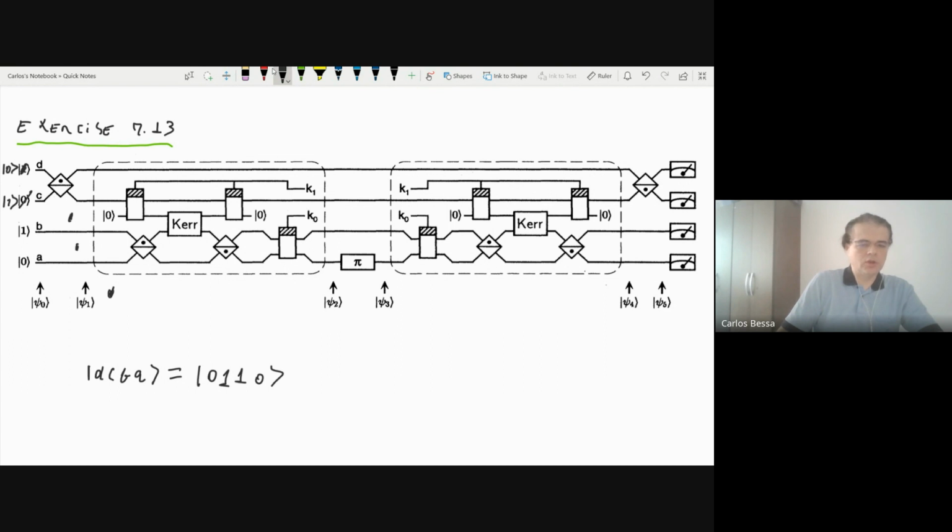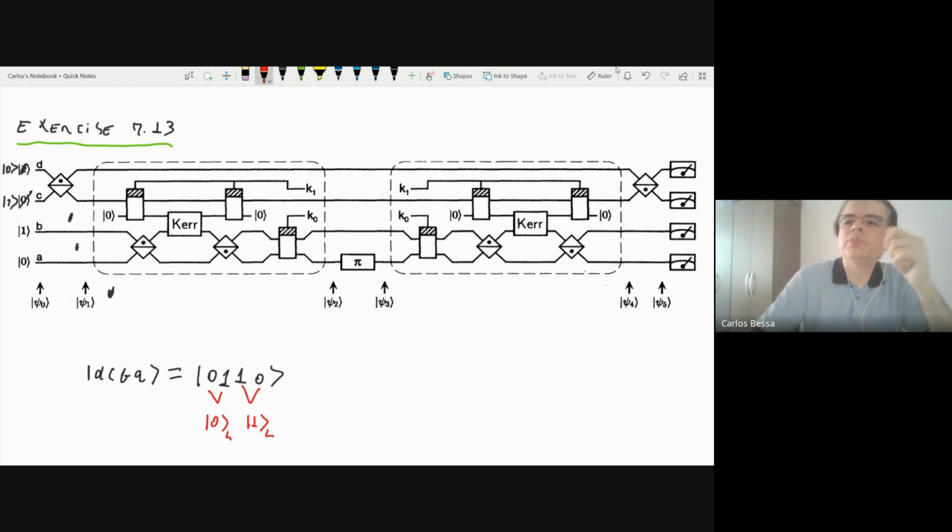That is our notation. So if we remember, we are not in the logical zeros and ones. This is just like the vacuum or if it has a photon. So initially we have a vacuum in D, one photon is coming here, one photon here, vacuum. So in the logical, we consider 0, 1 is the logical 0, and 1, 0 is the logical 1. Okay.